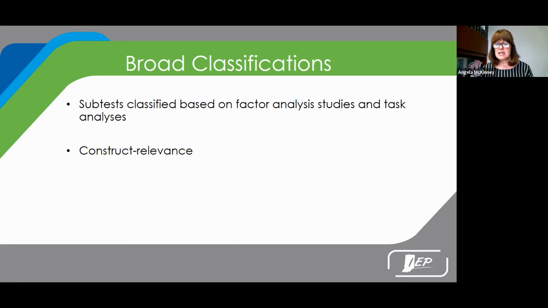As different subtests of our IQ tests were formed, it was all based on factor analysis studies and different task analyses of how we do different things, and connecting it back to specific constructs so that, again, subtests are kind of clustered around what do they measure? What are we looking at?